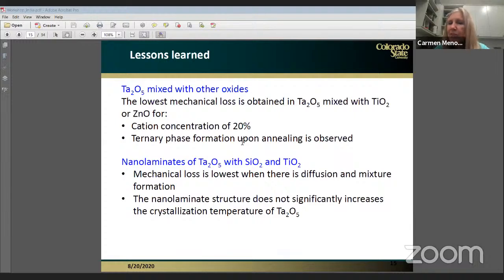Whenever we have diffusion, and whenever diffusion is thermodynamically favorable, then we can form other alloys, and it looks as if this is the condition that we need to realize low mechanical loss.